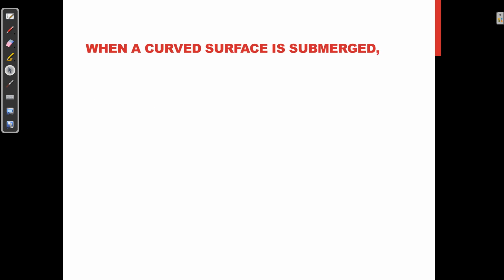So to start with, let us try to imagine when a curved surface is submerged.